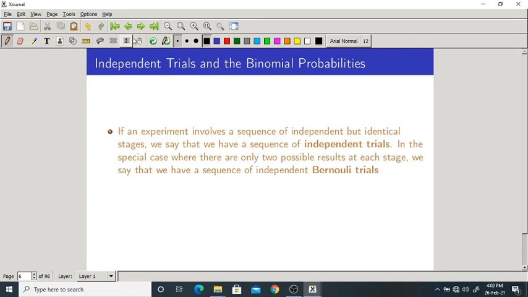So before that, let us discuss independent and repeated trials. Take a simple example of tossing a coin multiple number of times. Suppose you are tossing a coin n times. Those tosses are considered to be independent of each other, which means the outcome of a toss is independent of other tosses.